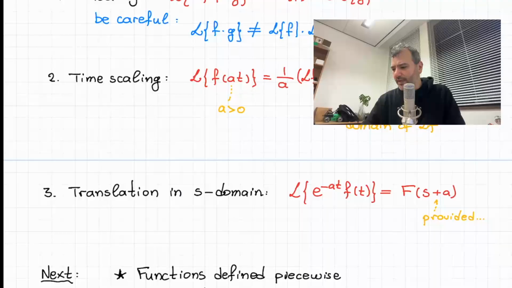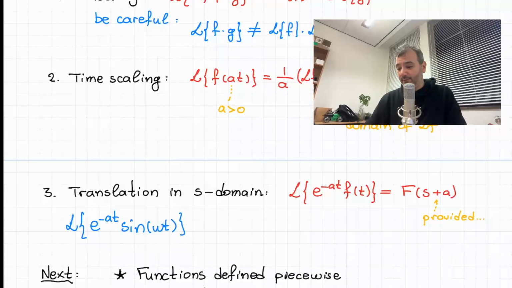To give you a quick example about how this can be useful, if you need to determine the Laplace of e to the minus a t times sine of omega t, and I gave you the formula for sine of omega t before, it was omega over s squared plus omega squared.